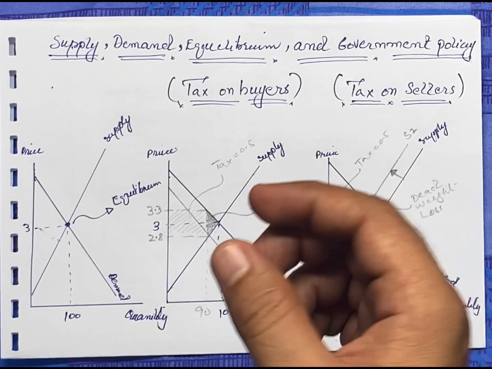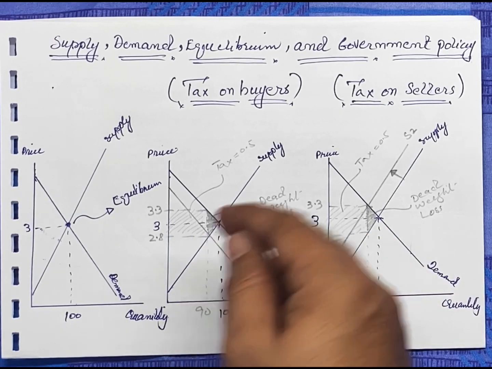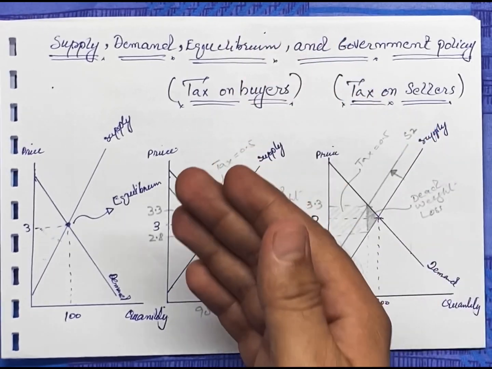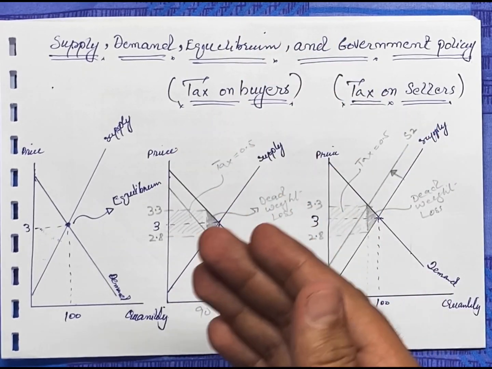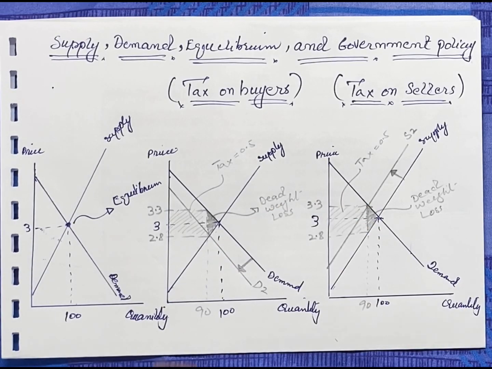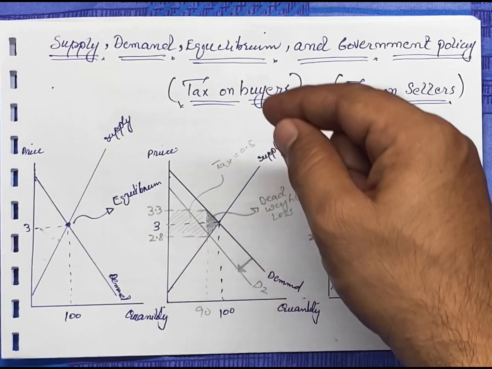So this did not become part of the market. That's why it counts as deadweight loss: that amount could not be part of the market because of government intervention. So this was all about when government imposes the tax on buyers.